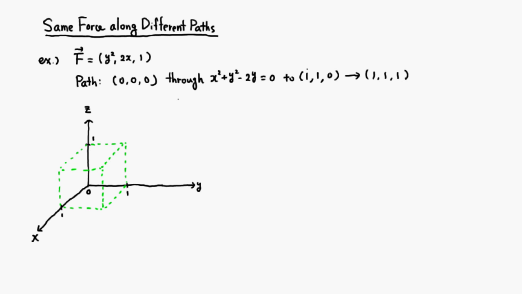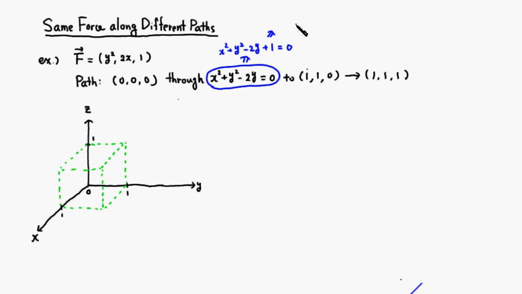This is along a part of a circle and then go straight up. So let's see. If you rewrite this, we can write it as x squared plus y squared minus 2y equals 0. I'm gonna add 1 to both sides of the equation so that we can complete the square.